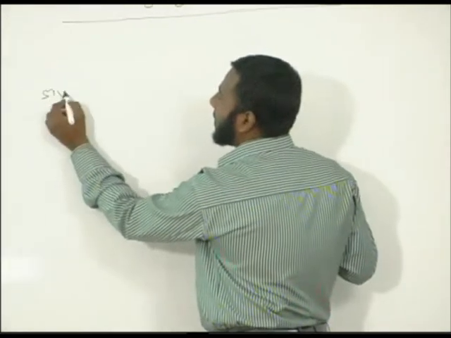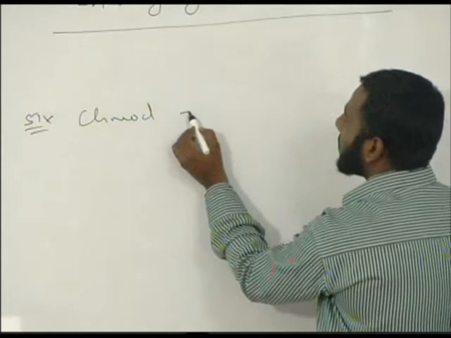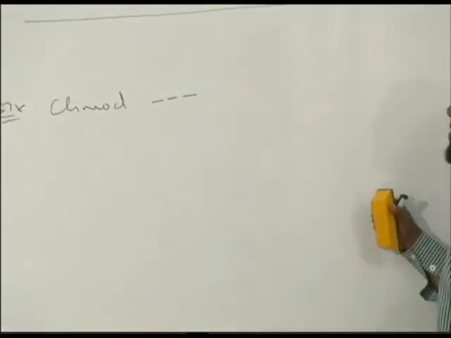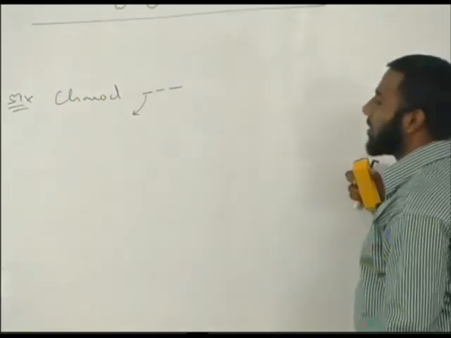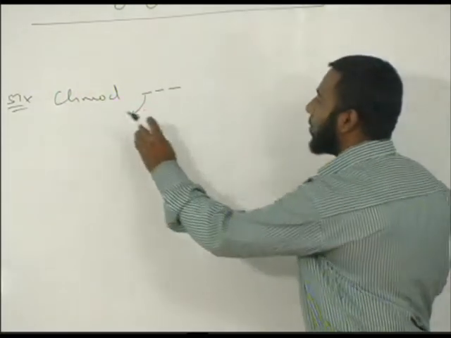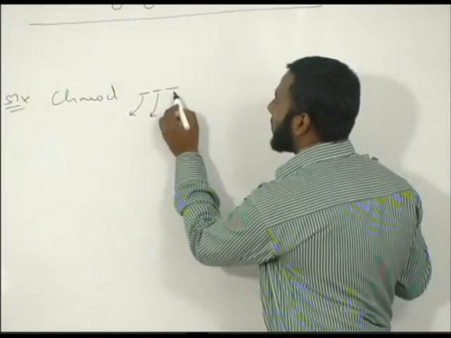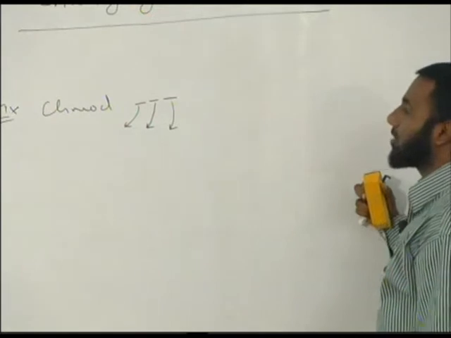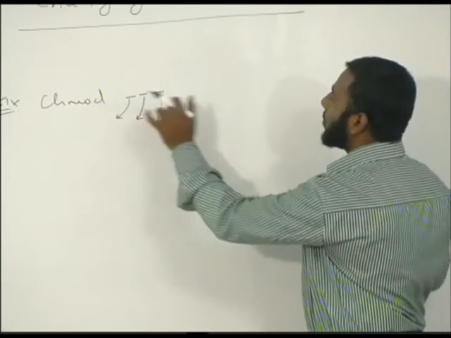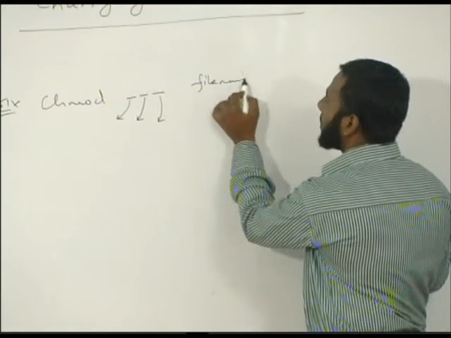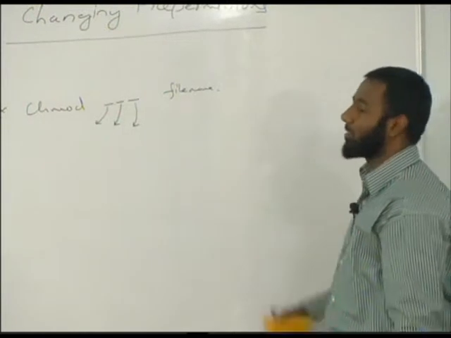The syntax for this command is chmod, and here we'll use an octal number. Each number identifies a permission: the first for the owner, the next for the group, and the last for others. And here we'll give the file name. Here there is no need to know the existing permissions available on a file. That's what we'll do here.